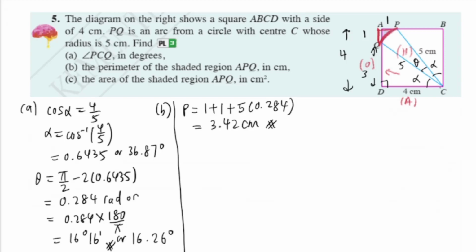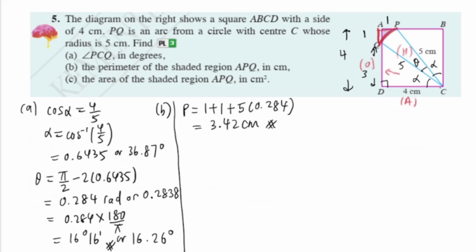Now I want to stress on this because ideally we should use all our answer correct to 4 significant figures, right? So if you use 4 significant figures, this should be 0.2838. But like I said, the textbook uses most of the answers in decimal correct to 3 decimal points, mostly the theta, so that's why you will get this.